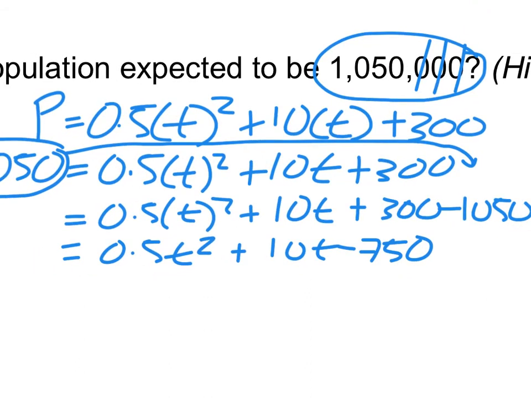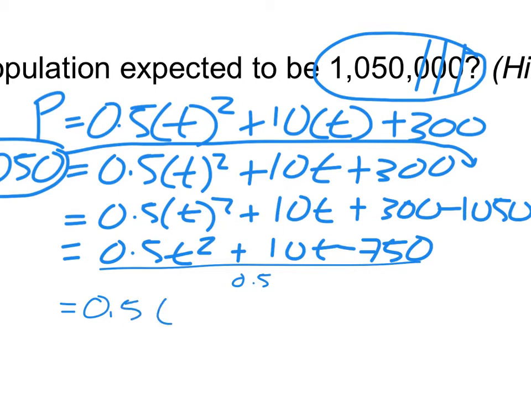Now with this, we're going to begin factoring. So the first form of factoring that I should always try to use is called greatest common factor. I've got that 0.5 at the front, and I'm going to take that out of my whole equation. So that's my greatest common factor right now. I know that I can't take out any t value because that 750 doesn't have any. That 0.5 just goes to the front.